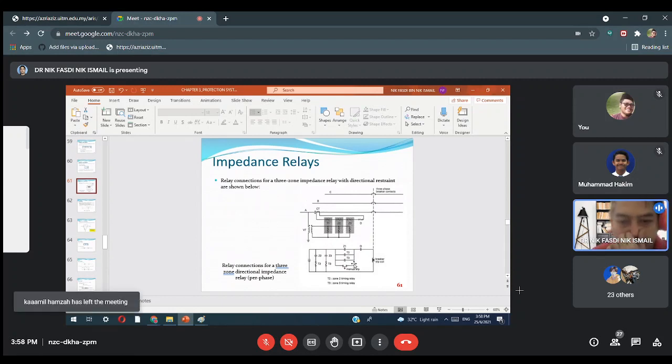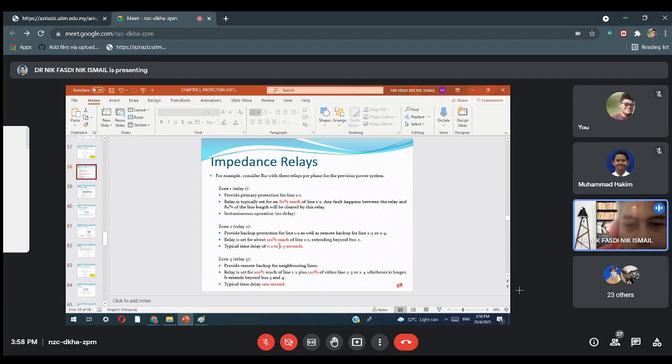Okay, the concept is the same as an overcurrent relay, right? So in order for the breaker to trip, you have to look here; there is T, which means the time delay. For zone 2, referring back to this one, zone 2 is 0.2 to 0.3 second, zone 3 is 1 second.